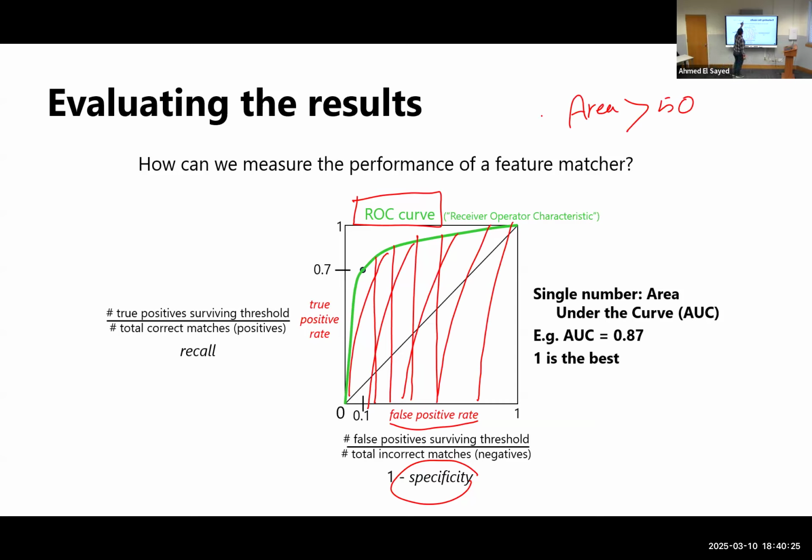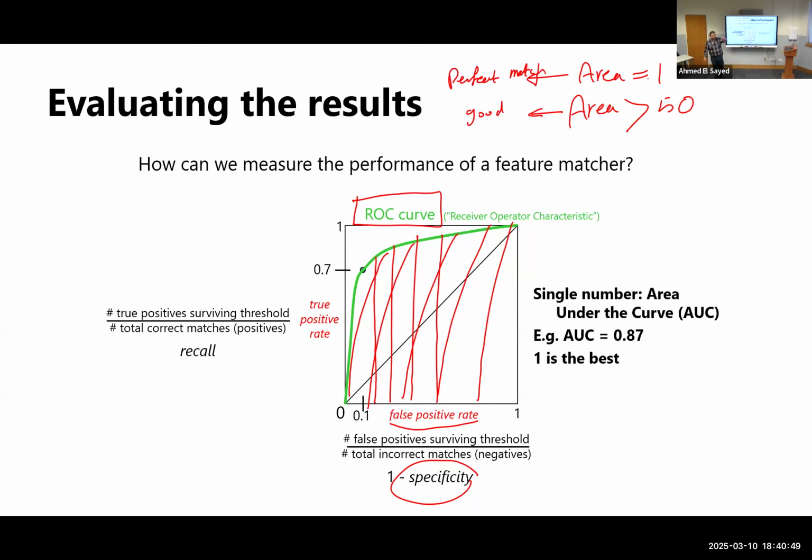If the area equals 1, you have a perfect match.